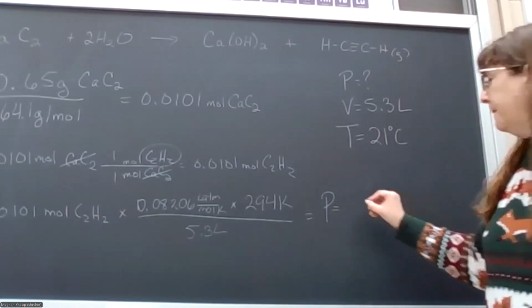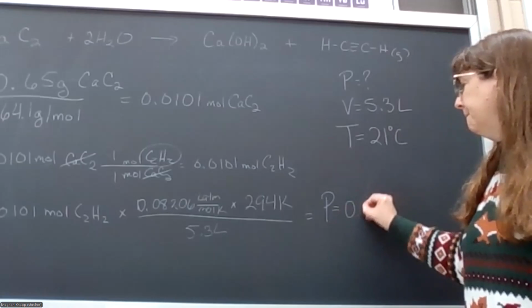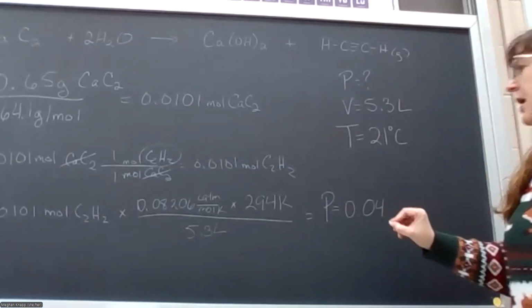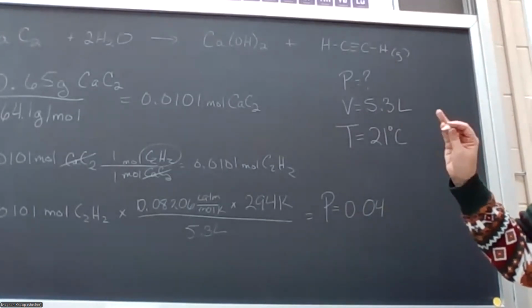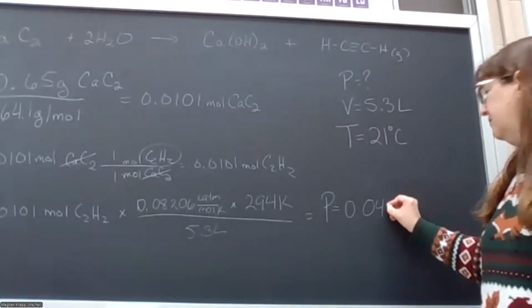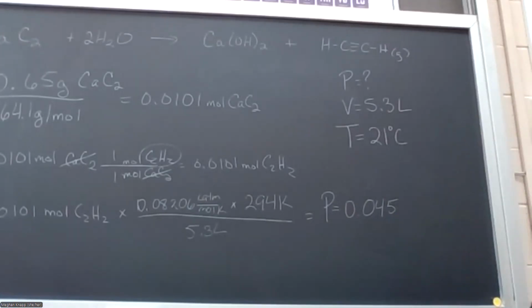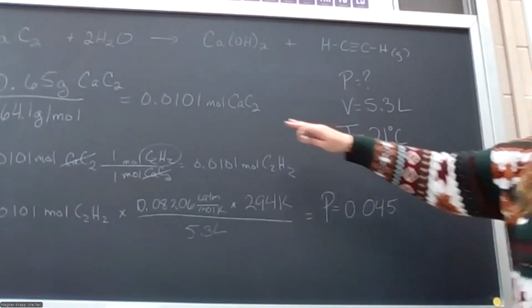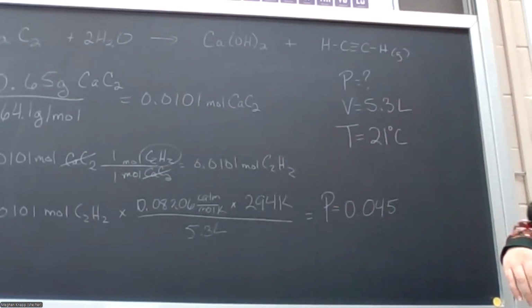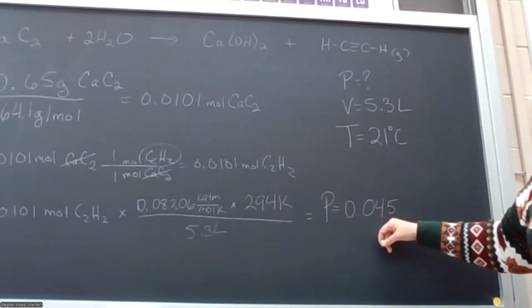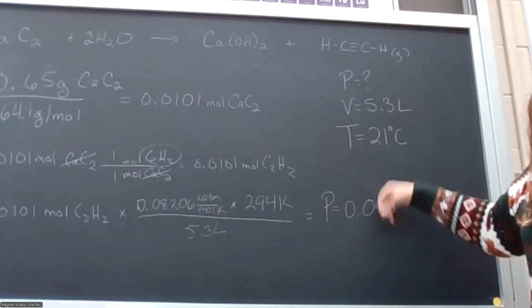What'd you get? Okay. And if we only have 2 sig figs, what would you round that to? Okay. The way I plugged it in with the 101, I ended up with 0.46, but remember our last digit is where we have uncertainty.